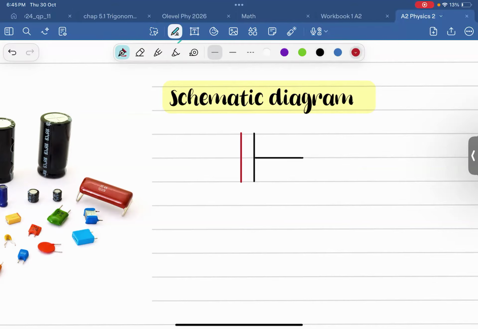And there should be something in between, or let me just make it like this.